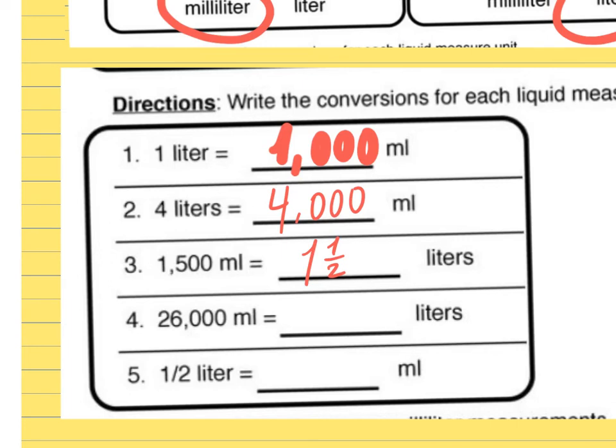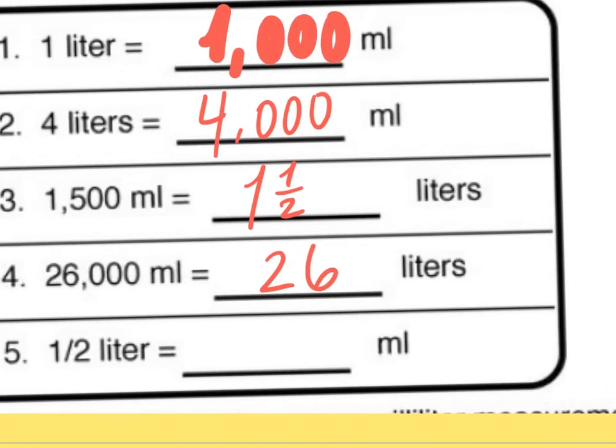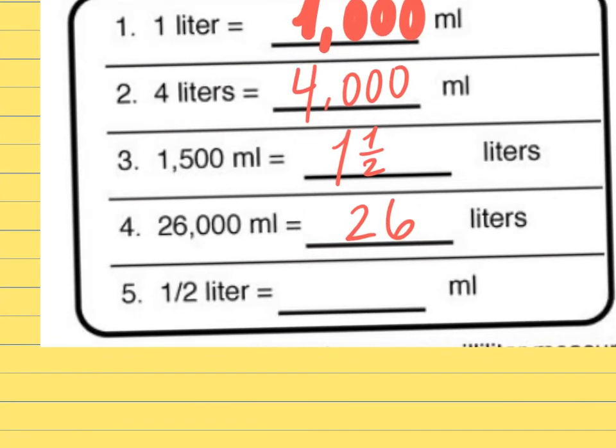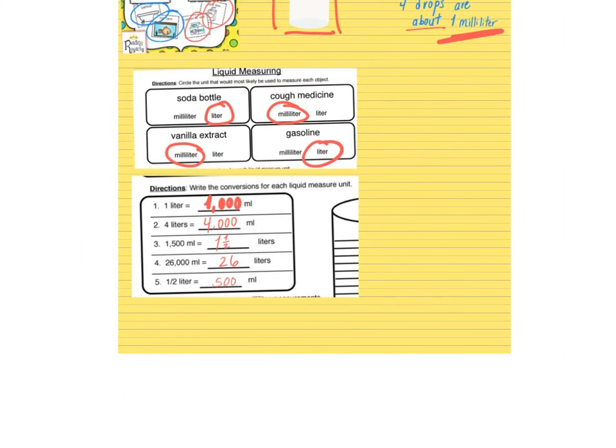One more. How much is 26,000 milliliters in liters? Perfect. It's 26 liters. And then one more. How much is one half liter in milliliters? Perfect. 500. All right.